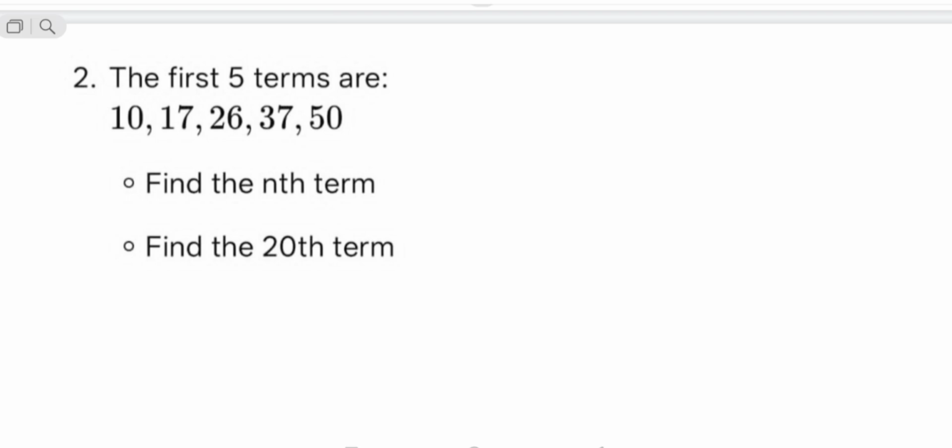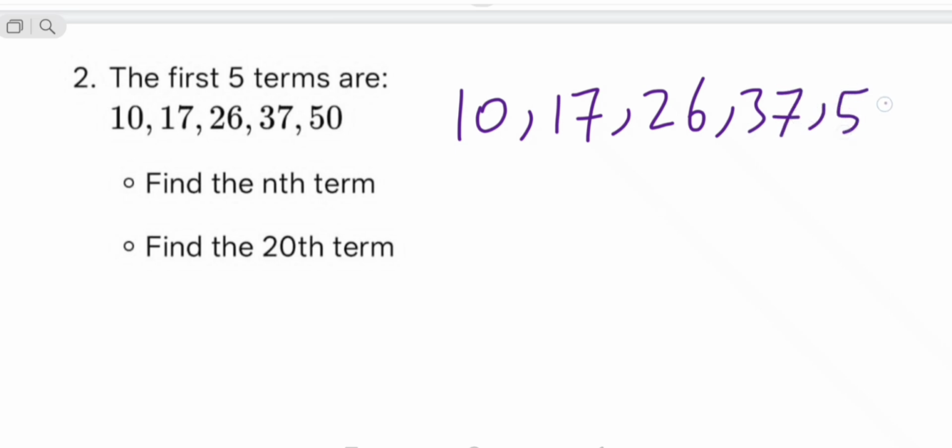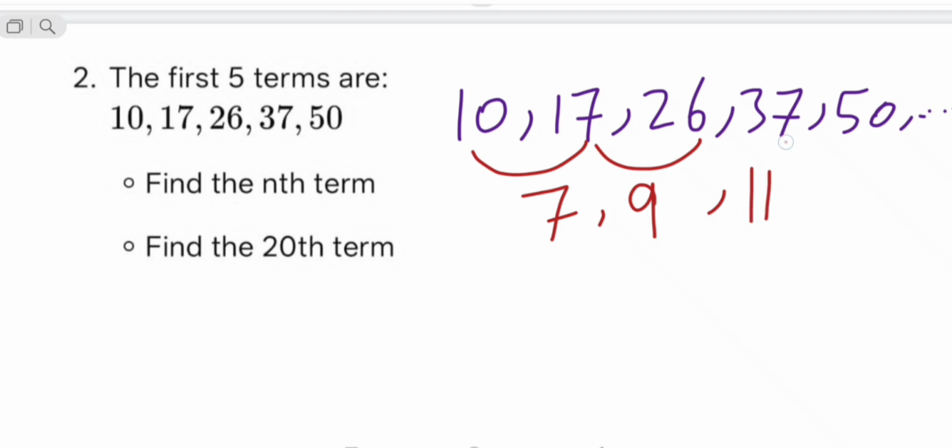So let me write once again: 10, 17, 26, 37, 50, and so on. Now what is the difference? 10 to 17 is 7. 17 to 26 equals 9. 26 to 37 is equal to 11.